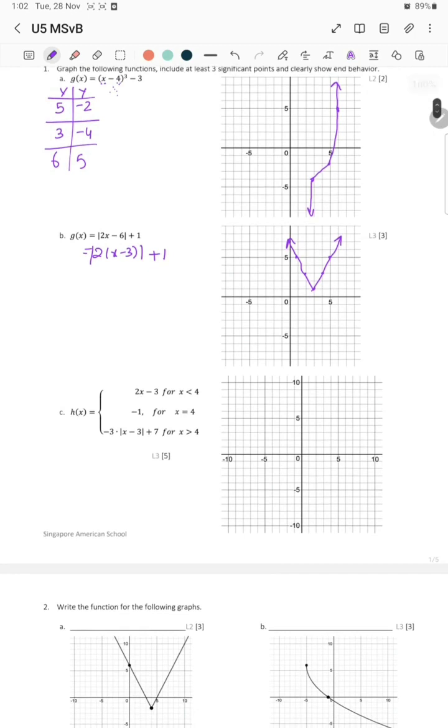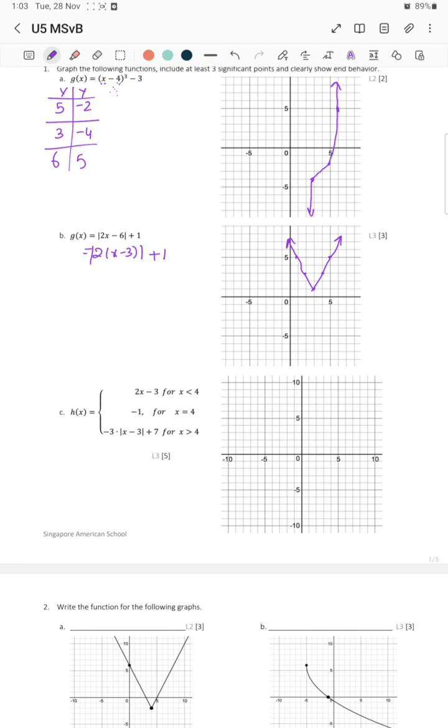Now this is h of x, the last function. You can see the questions are very similar.